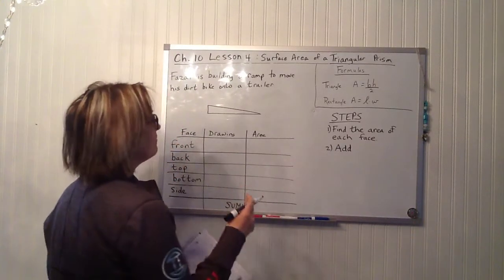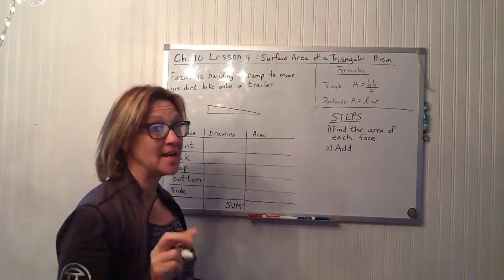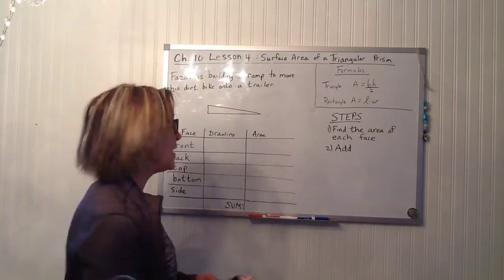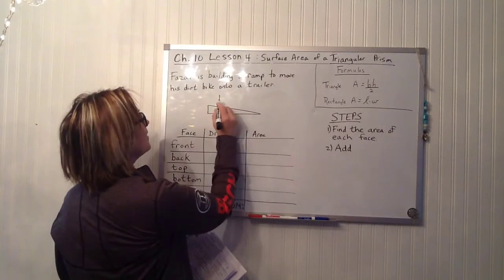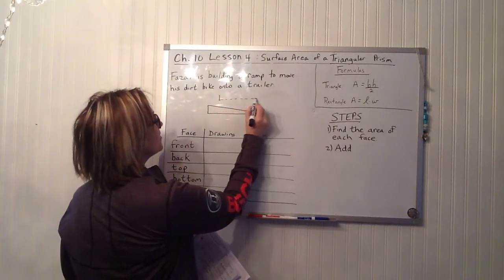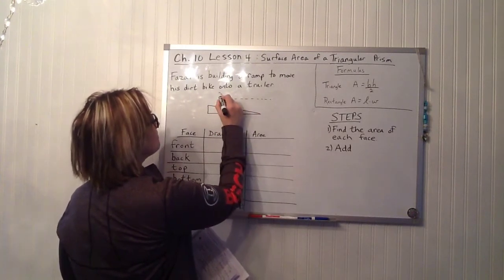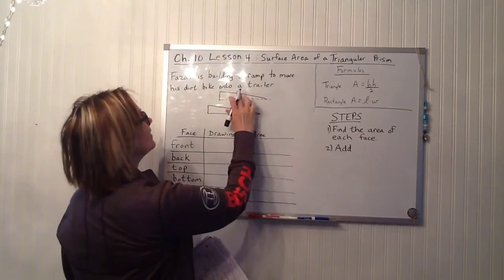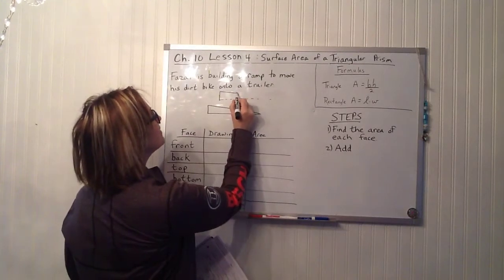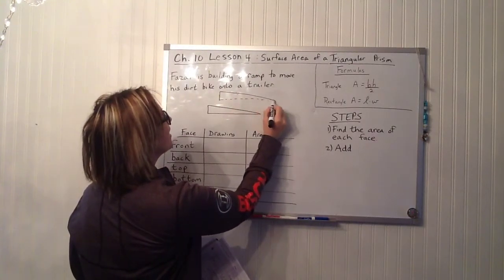ramp. Every triangular prism has 2 congruent bases, so my other triangle is going to look exactly the same. So, whoops, I fixed this a little. That's pretty close.